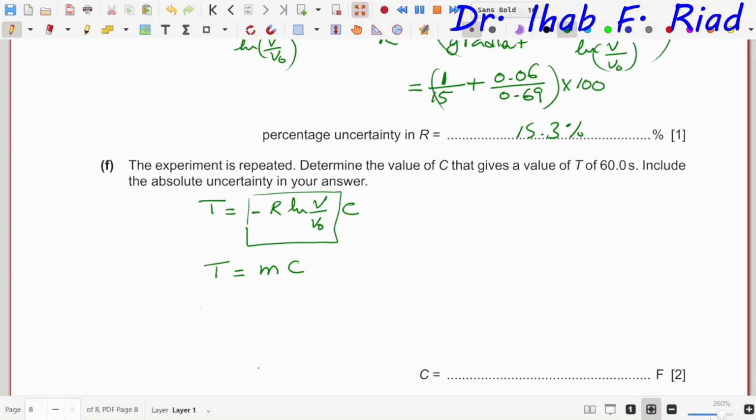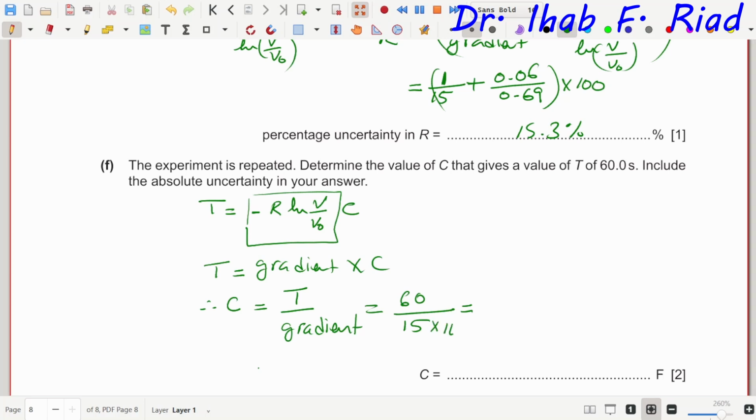Therefore, C is equal to T over the gradient M. Okay, we are given T as 60, divided by the gradient, which is 15, times 10 to the 4.